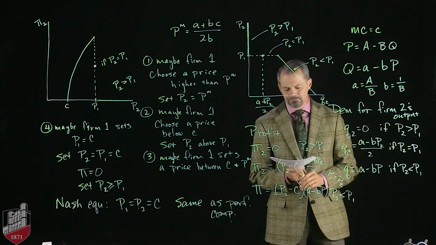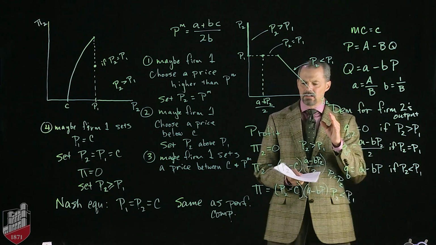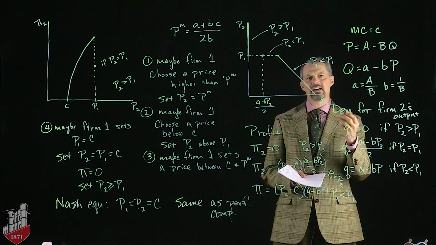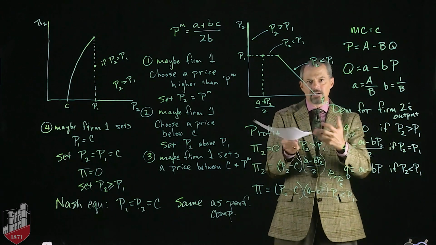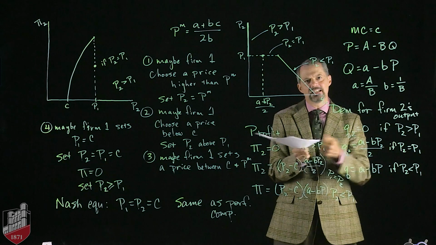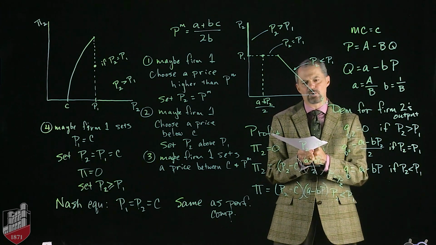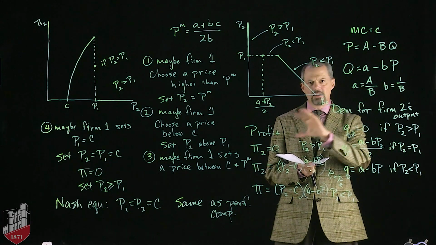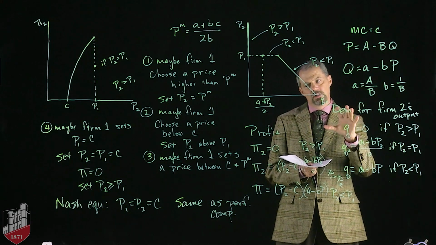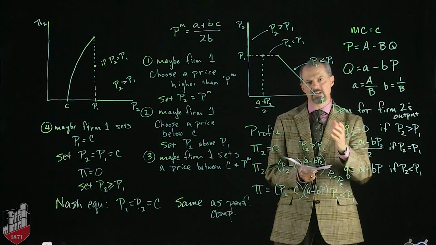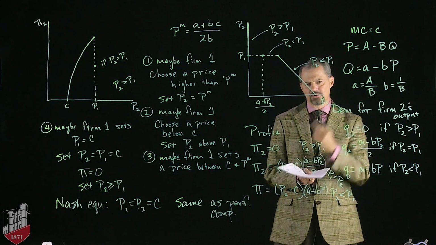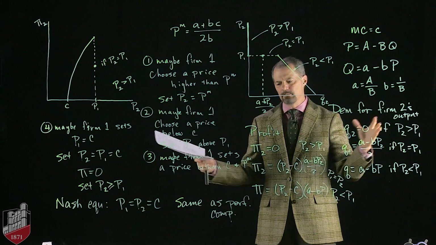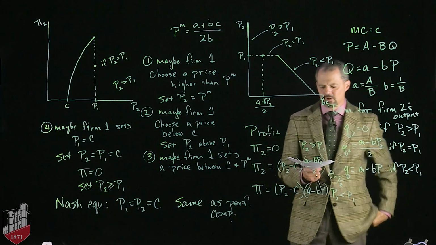The first one is that for the undercutting to work, the other firm has to have the capacity to sell to all of the new customers it's going to get when it undercuts the other firm's price. If the firm doesn't have the capacity to sell all of those units of output, then we're not going to see this outcome, and we're going to talk about that here in a second. So capacity constraints can change price being driven to marginal cost.